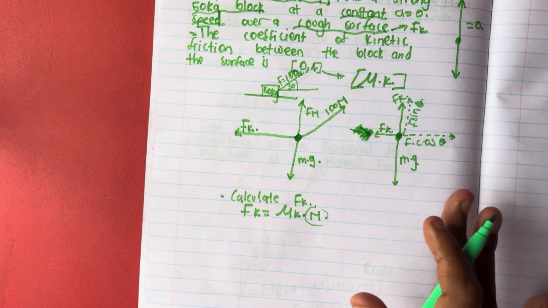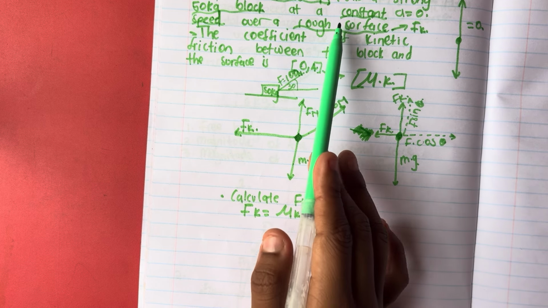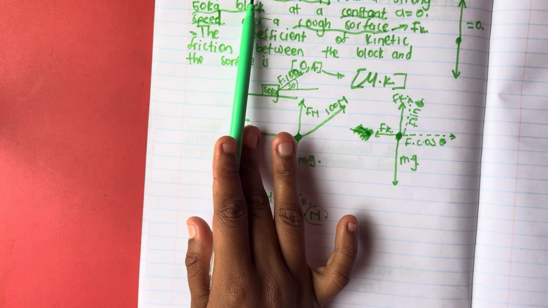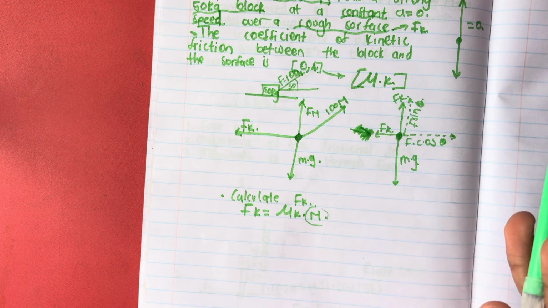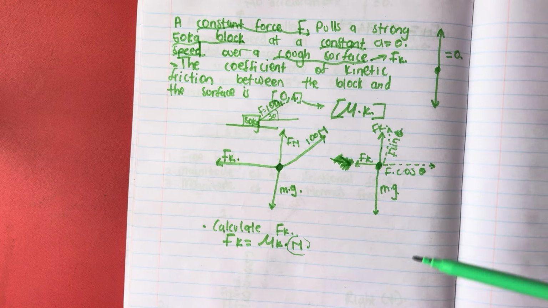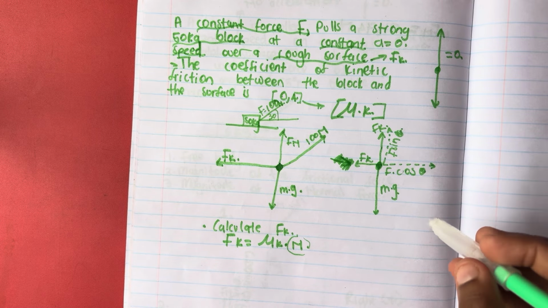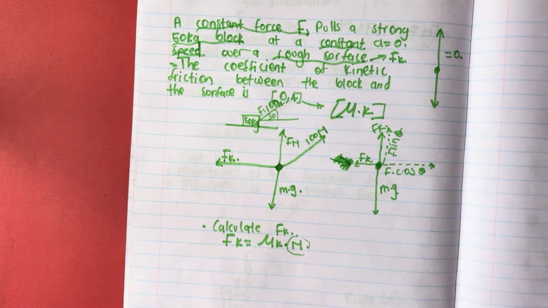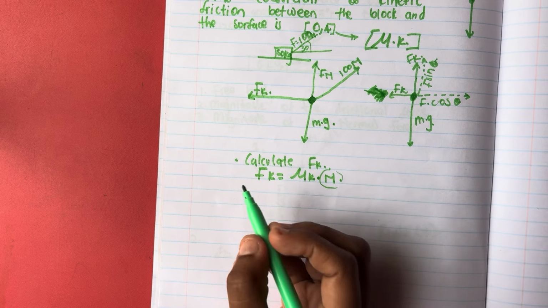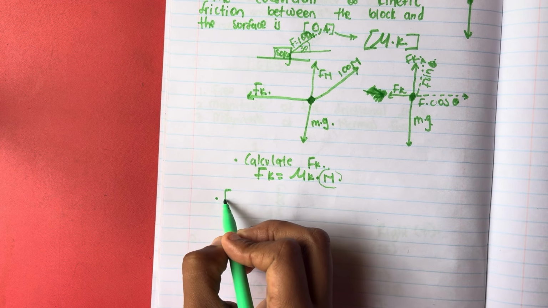So as I said, they said it's a constant force F pulls a block of 50 kilogram at a constant speed. So what does a constant speed mean? It's just telling us that the forces in the y-axis are equal to 0. Why? They are balancing one another out, right?